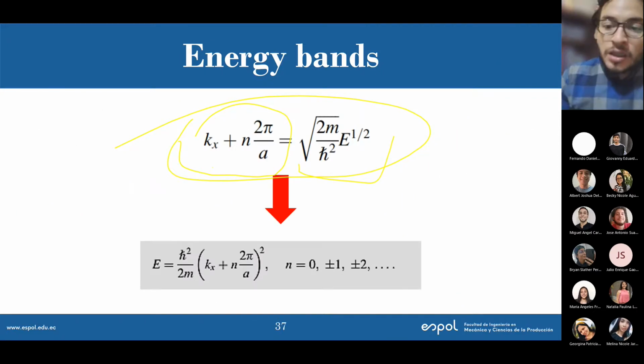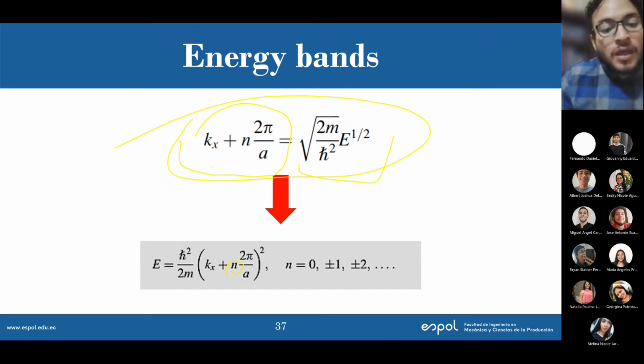So why am I going to do this? Because I can insert different values of n in this equation, and I'm going to have the shape of the branches of the free electron bands. That just means how the electron bands look, because I'm solving for energy.